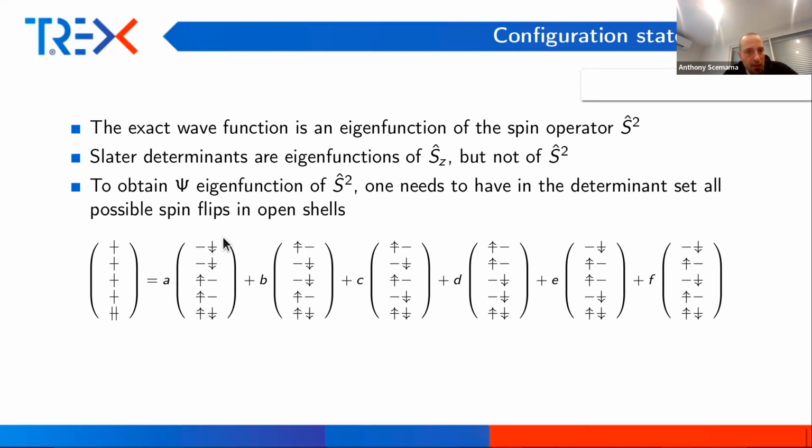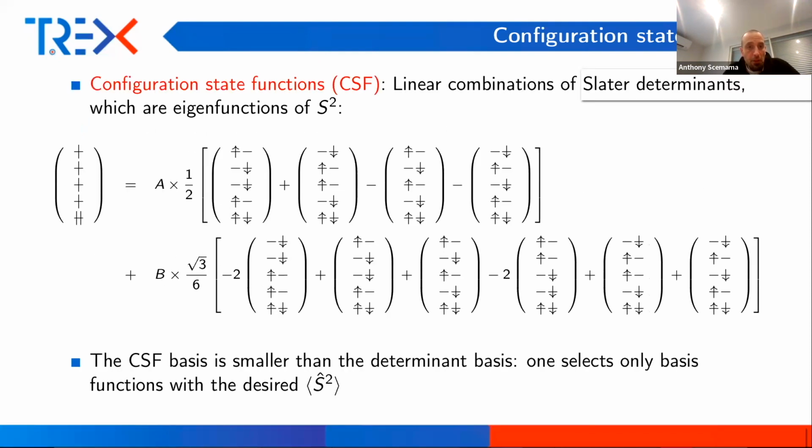So if you just take this determinant, this one is not an eigenfunction of S squared, and so to build an eigenfunction of S squared, you need to take all these 6 determinants, and then you diagonalize the S squared operator in this basis of 6 determinants, and then you get an eigenfunction of S squared with different coefficients A, B, C, D, E, F. So you get a small linear combination of these 6 determinants, and you can use these linear combinations as basis functions to express your total wave function.